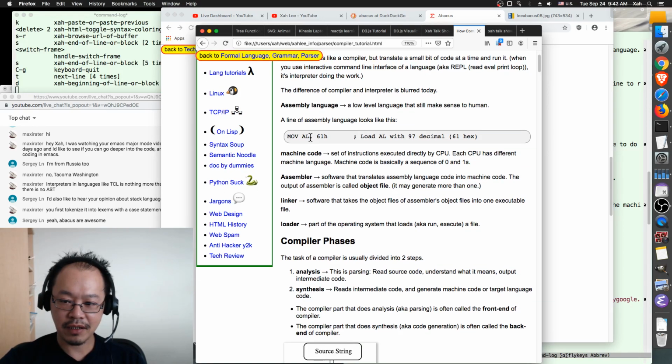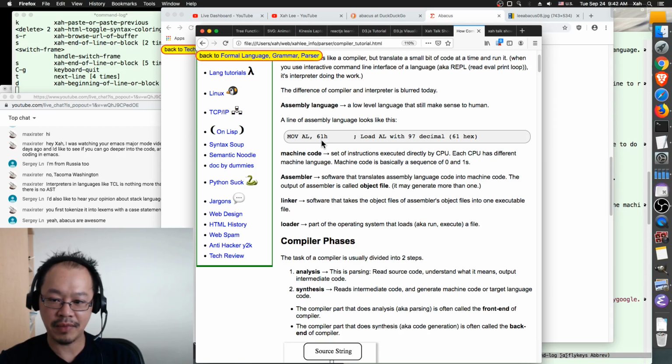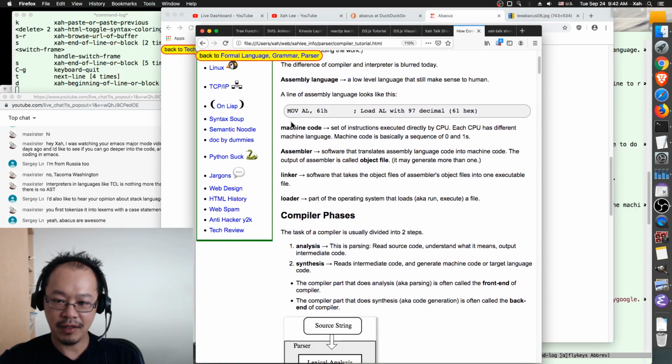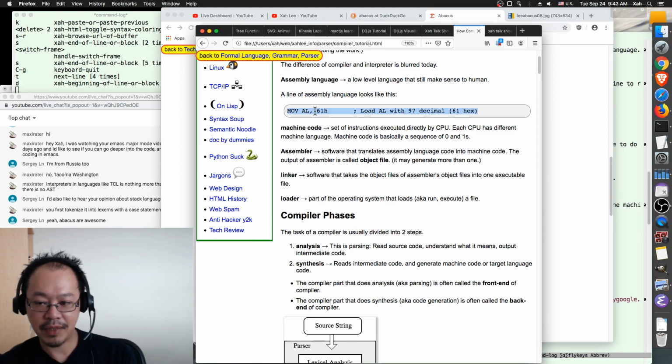So here is an example of assembly language. Now, assembly language typically has three items. Like each line is just three items. For example, this MOV AL, 61H means load AL with 97 decimal. So that's an example of assembly language.